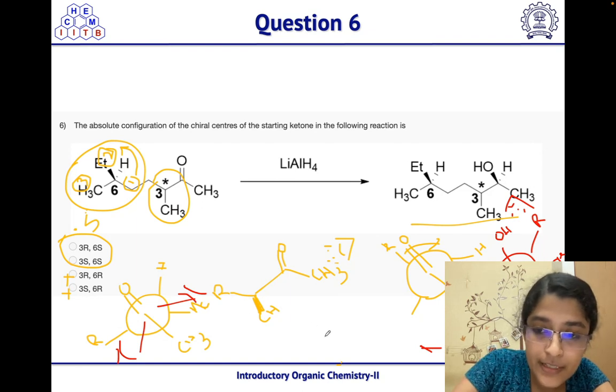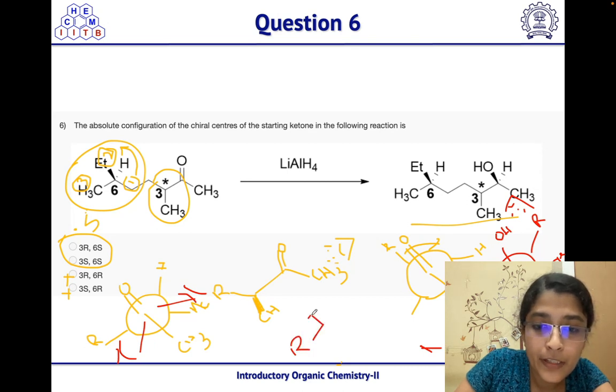It will give this R group we are bringing to the plane. The methyl group will go below the plane. So the product will be R. The methyl group will go below the plane.